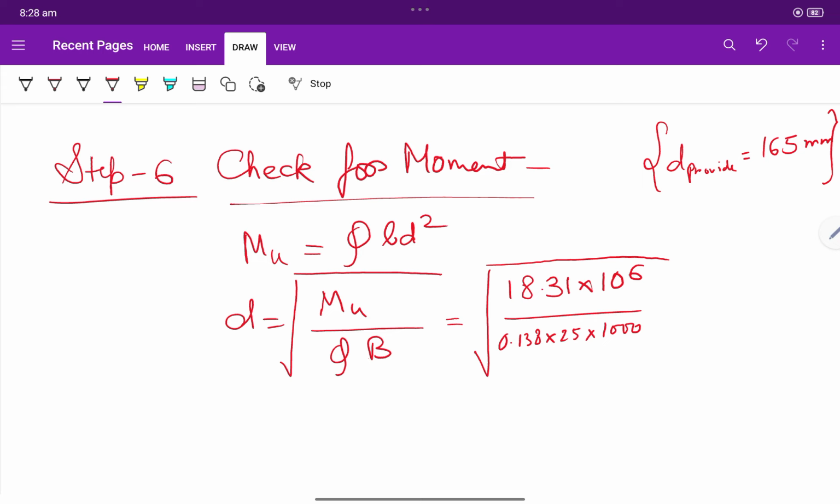By this we get d equal to 73 mm. So this is d required.